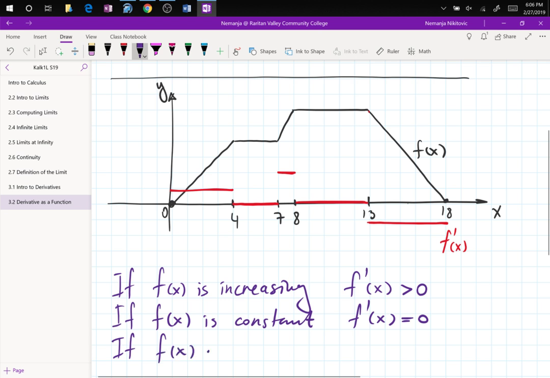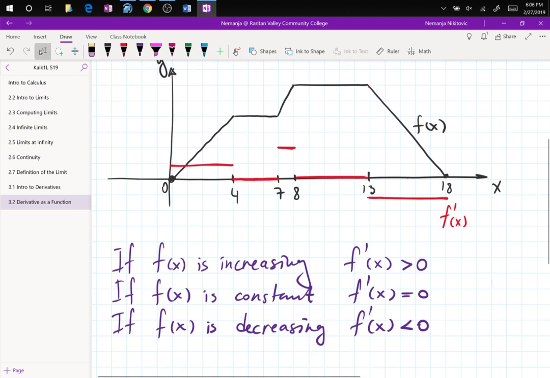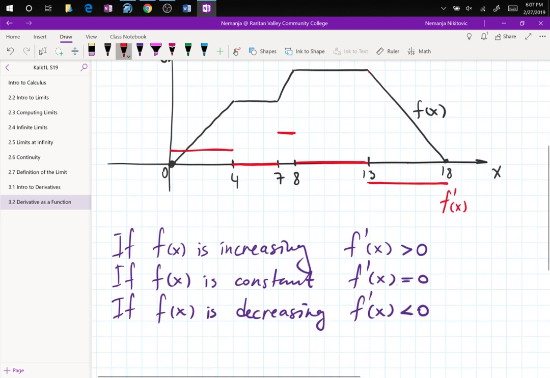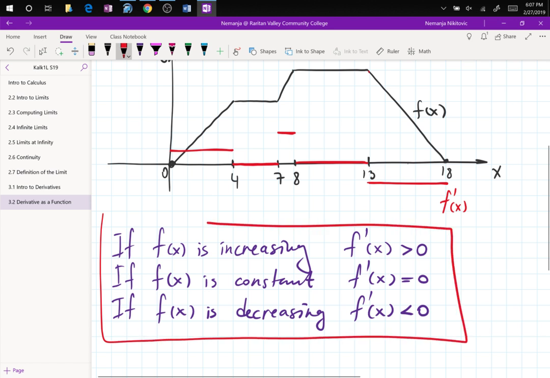If f of x is decreasing, f prime of x is less than 0. So these are the 3 rules that we learn and discover from the graph above.